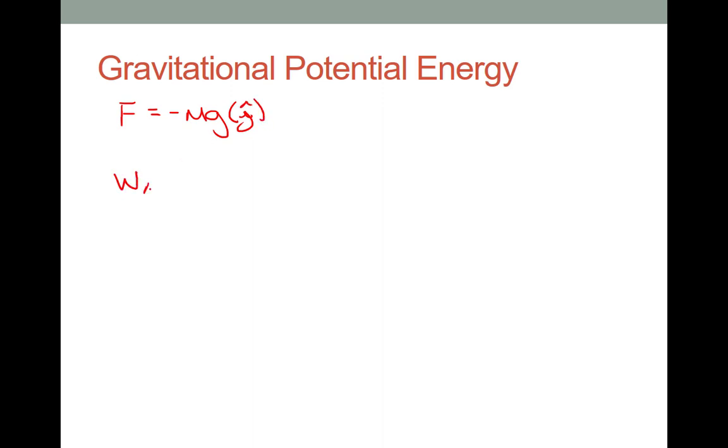So the work to get from A to B will be the integral of this force, I forgot an arrow, dotted with dr as we move from point A to B, which simplifies down to, notice I'm changing my limits, I will explain in a minute, negative mg dy.